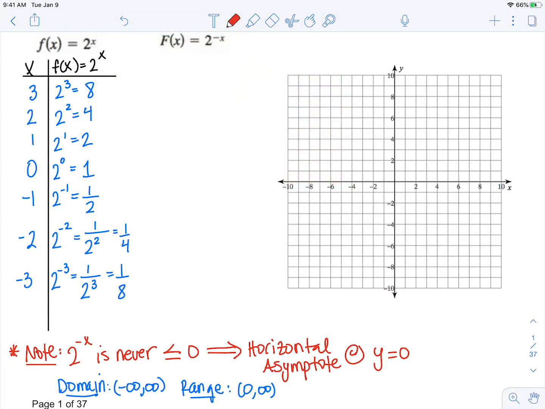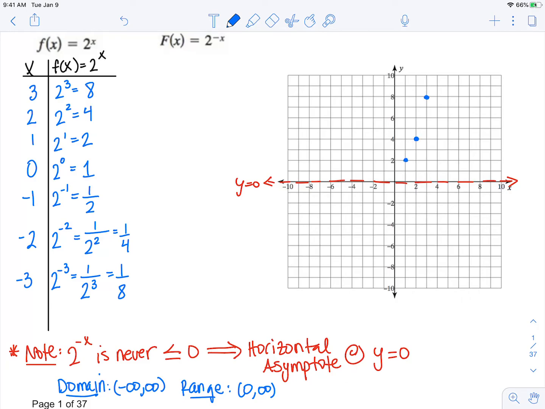So first, I'm going to sketch my horizontal asymptote here at y equals 0, because 2 to a power will never be 0 or negative. And now I can plot these points. At 2, I'm up at 8. I'm sorry, I lied. At 3, I'm up at 8. At 2, I'm at 4.